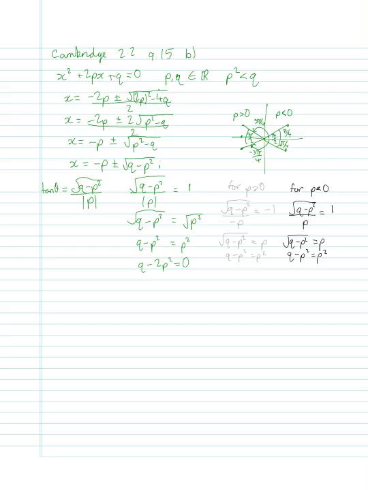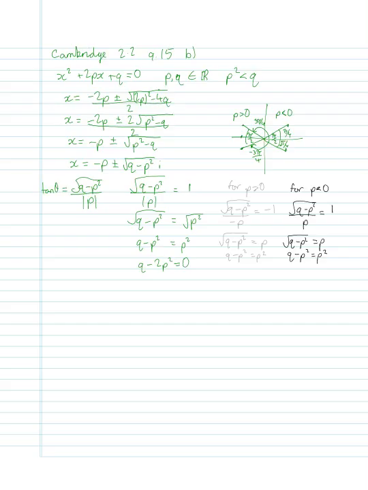So in that case, you move the p across, you get the square root of (q minus p) squared equals p. Square both sides, (q minus p) squared equals p squared, as we got to in this line here.